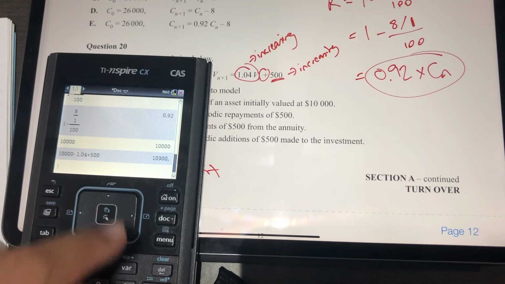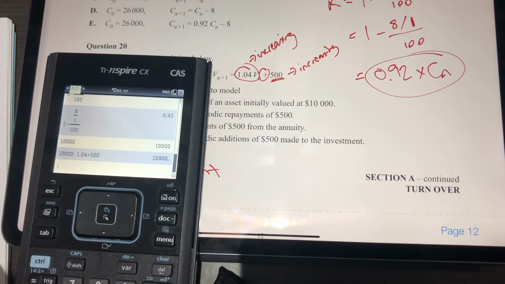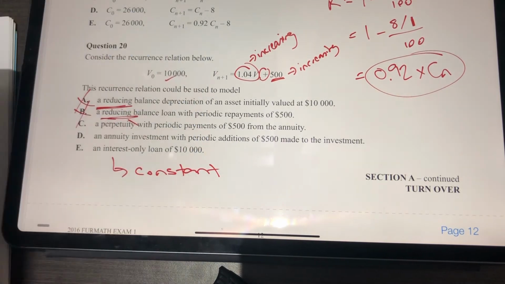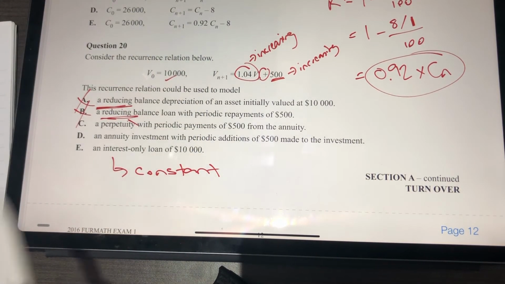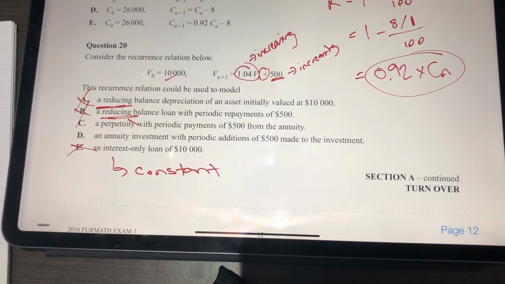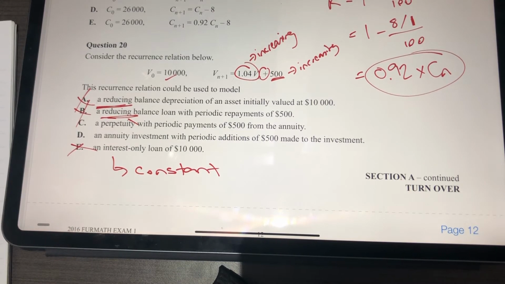So if the answer keeps being 10,000 or the same number given to you as your V0, that means it's an interest-only loan. So we know from there that E cannot be the answer because we're getting a bigger number, greater than 10,000. So our money is increasing. So now we only have C and D left.